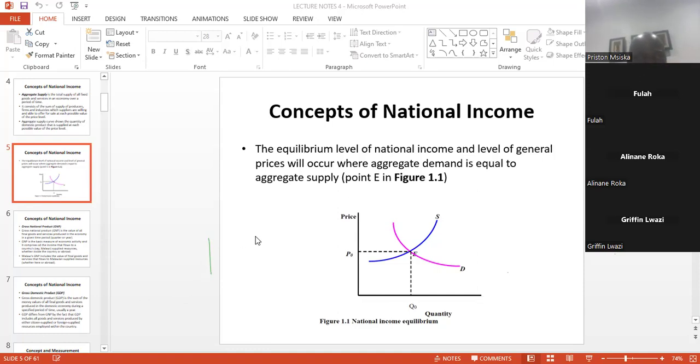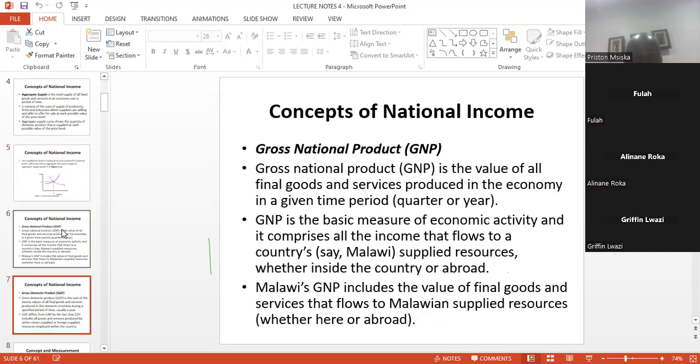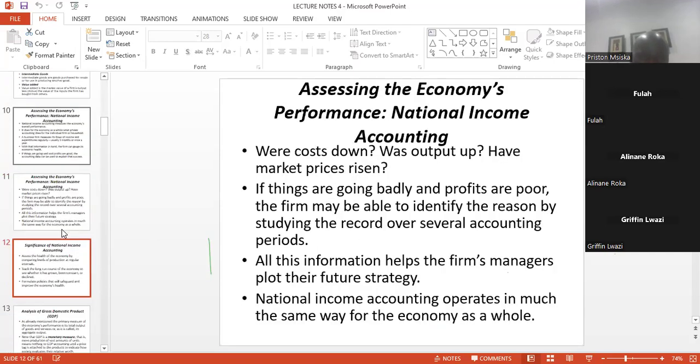Now, before we go there, since we were talking about economic growth, aggregate supply and aggregate demand, and how to measure economic activity, because basically GDP is about economic activity, I want to take this opportunity to talk about the general thing that happens in an economy.